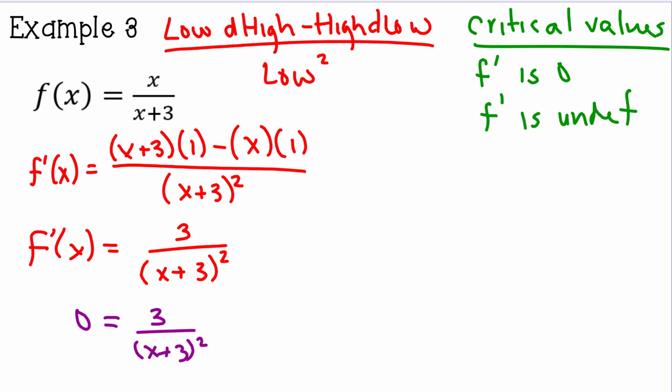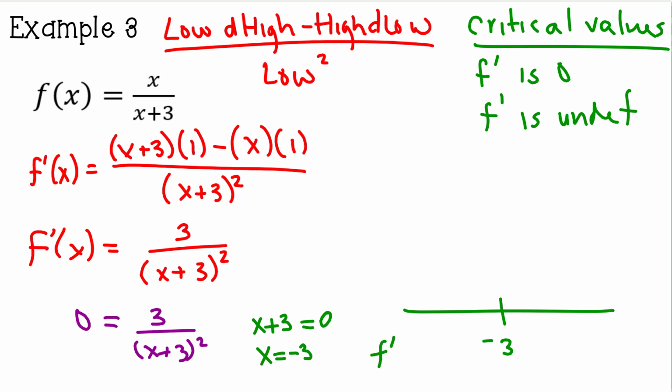So if I look at this, I can make this undefined. So if the denominator was 0, if x plus 3 squared or just x plus 3 was 0, then this would be undefined. So at x equals negative 3, this function is undefined, but so is the derivative. So that's the only value I have that's a critical value.